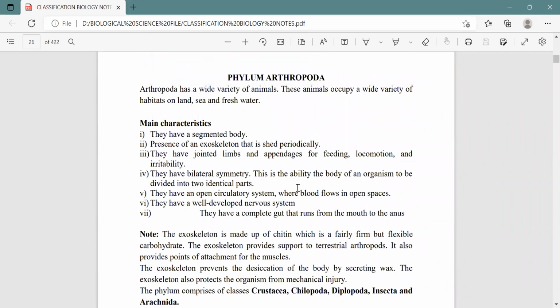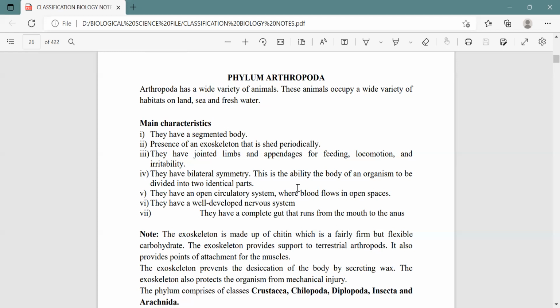Another phylum, which is actually the largest in the animal kingdom, is the phylum Arthropoda. Remember, I emphasized, and I'm still emphasizing, that for this class, just like I've said, you need to know the flatworms, you need to know the roundworms. I'm also saying you need to know the characteristics of arthropods and the classes in phylum Arthropoda.